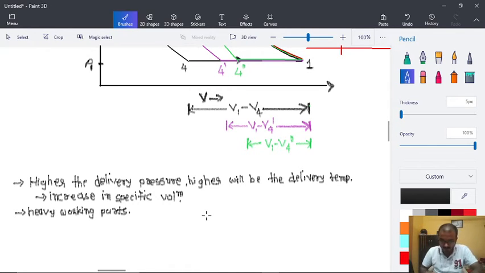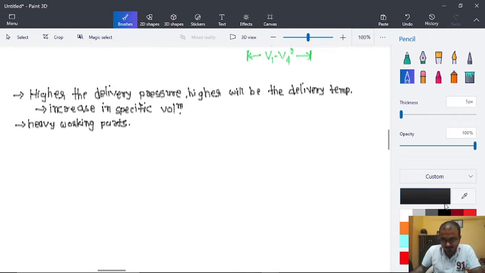So now we will be discussing the advantages of multi-stage compression. Let us first write down the advantages.